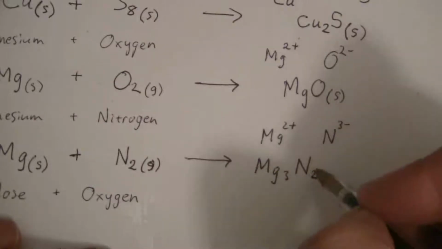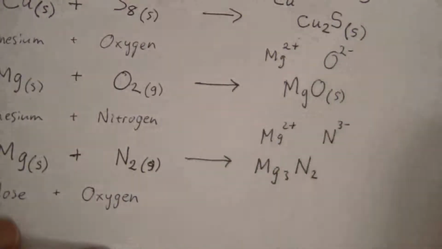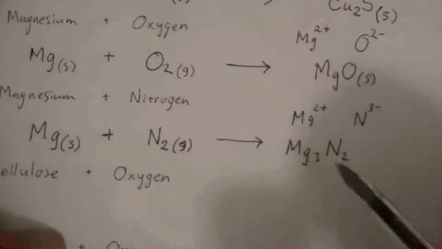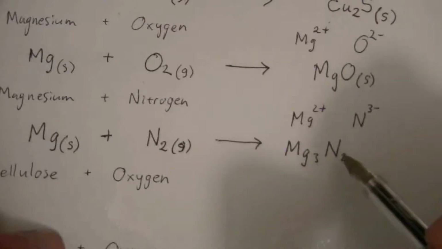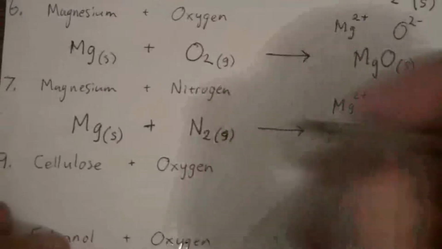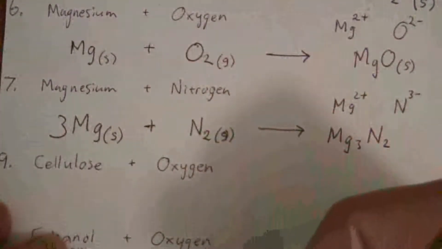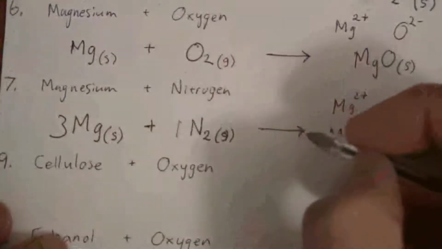And between those two negative 3s to get the negative 6, and the 3 positive 2s to get a positive 6, it'll balance out to 0. All right, so that's the magnesium nitride, and then you will just balance this. That one's pretty straightforward. You just need 3 magnesium over there, and then these will be 1.